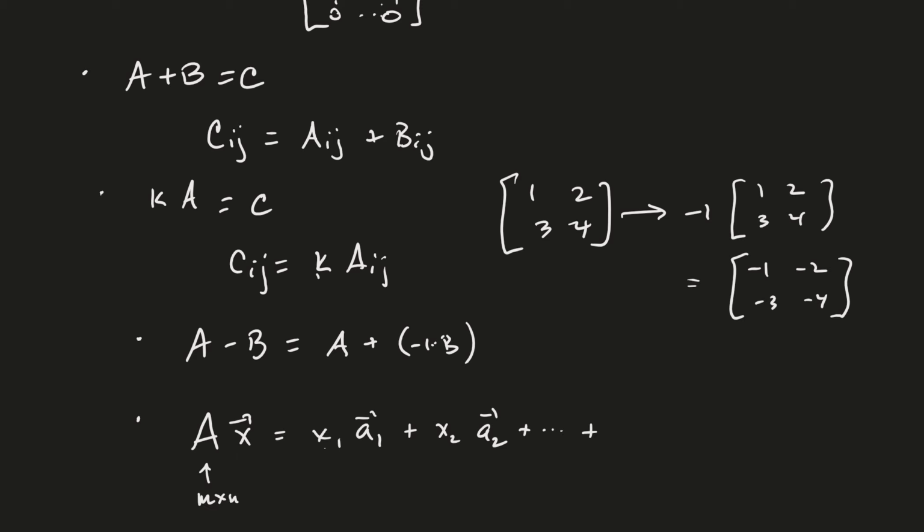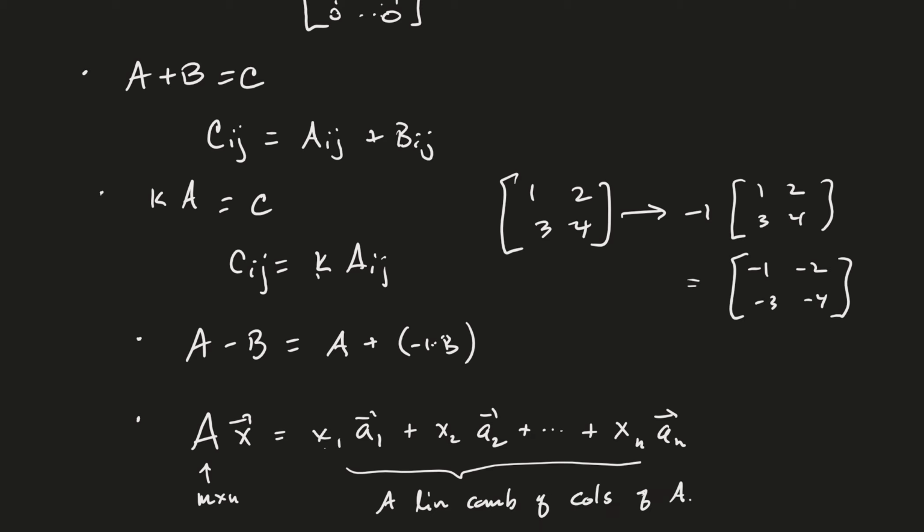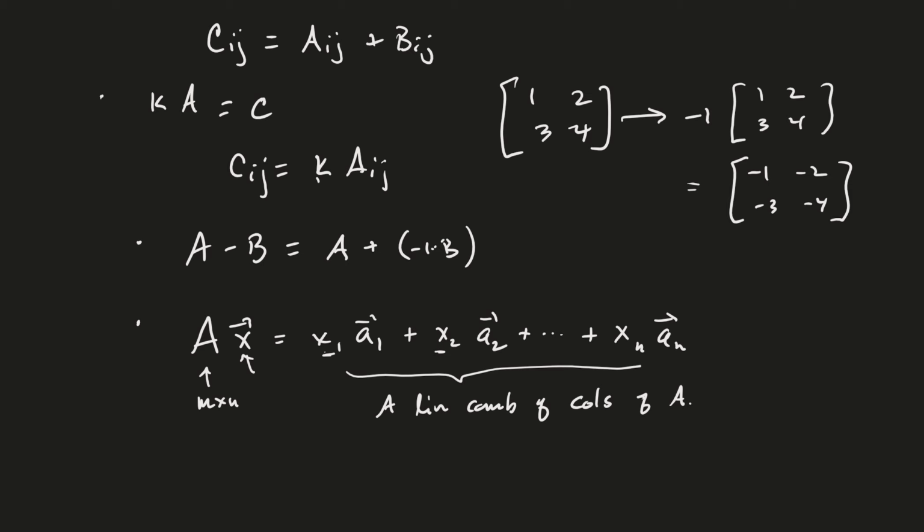Let's have A be m by n, so how many entries are there in x? n of them. This is a linear combination of the columns of A using the scalars from the vector x. This is going to be an important definition later on, so it's always good to think of A times x as a linear combination of the columns of A.